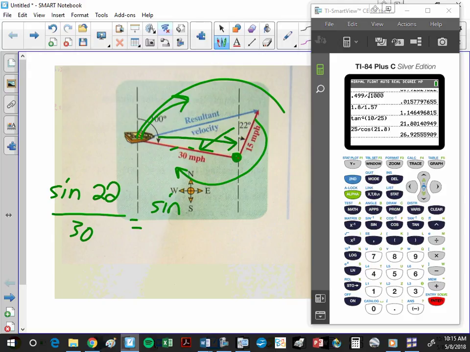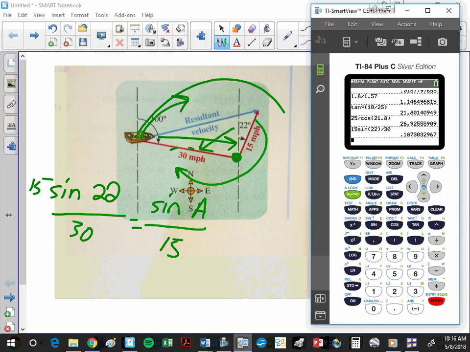Sine of A over A, sine of B over B. So the sine of A over 15. So 15 sine 22 over 30. That's a good number. Why? It's less than 1. So now I invert the sine.